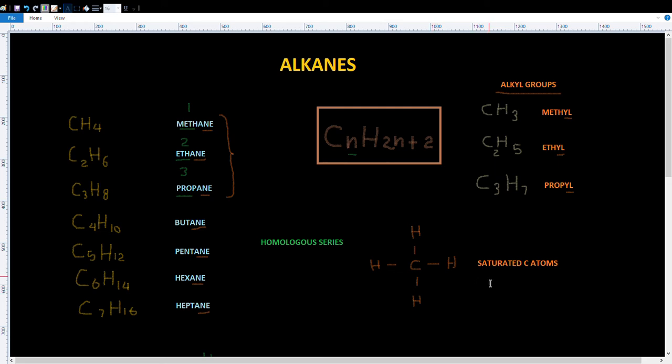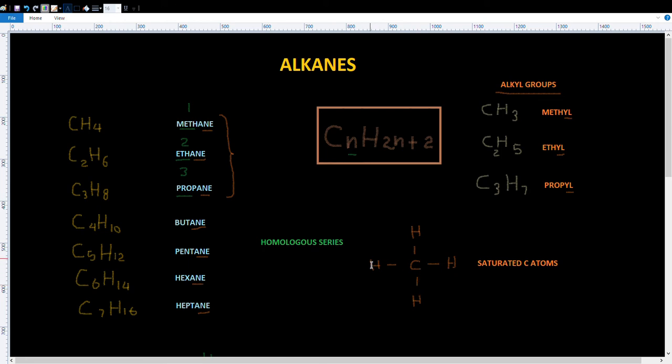So here, alkanes consist of saturated carbon atoms, and the other thing is these bonds between C and H. These bonds between C and H are identical. And if you have an idea about hybridization, you may know why these bonds become equal. So we're going to talk about them.